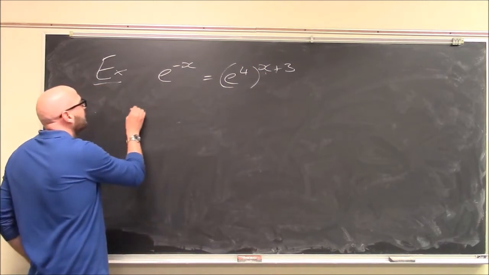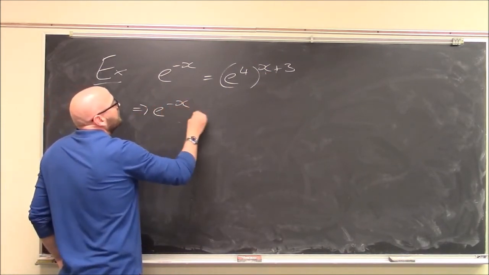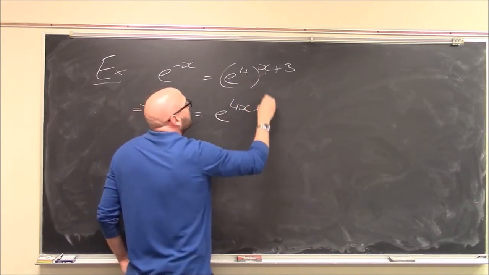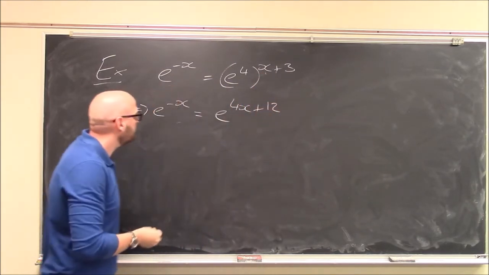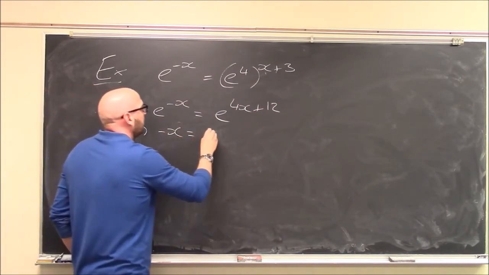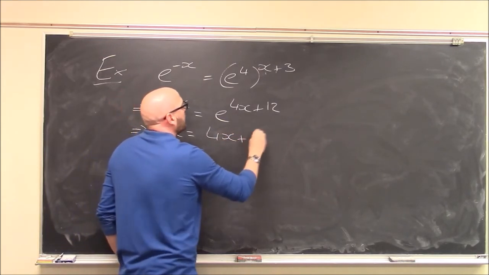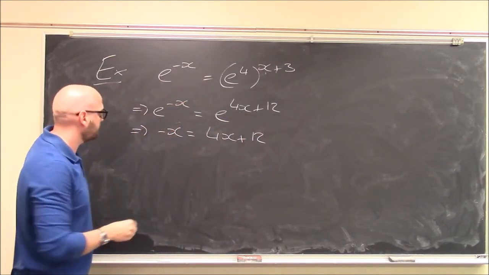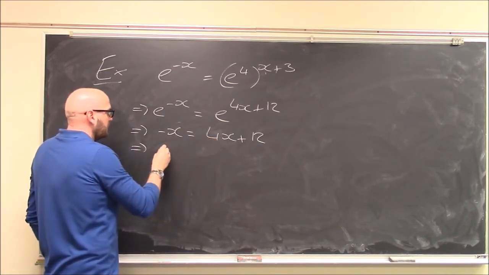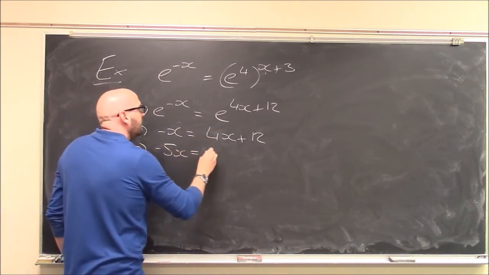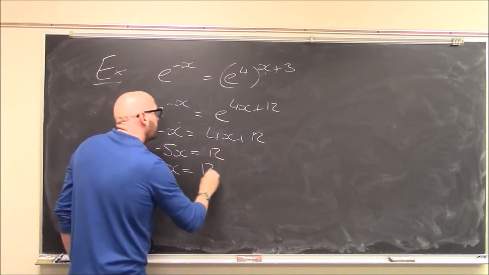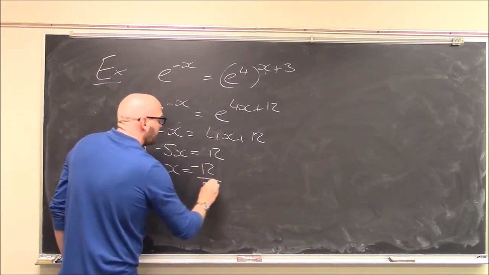So this will be e^(-x) = e^(4x+12), 4 times 3 is 12. Same base, that means the exponents have to be the same. So minus x equals 4x plus 12. Just solving for x now, subtract 4x from this side, minus 5x equals 12. So x is minus 12 fifths.